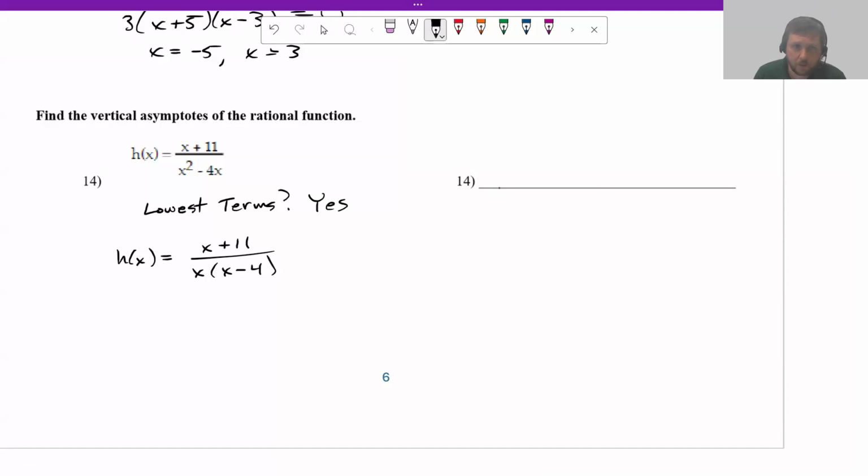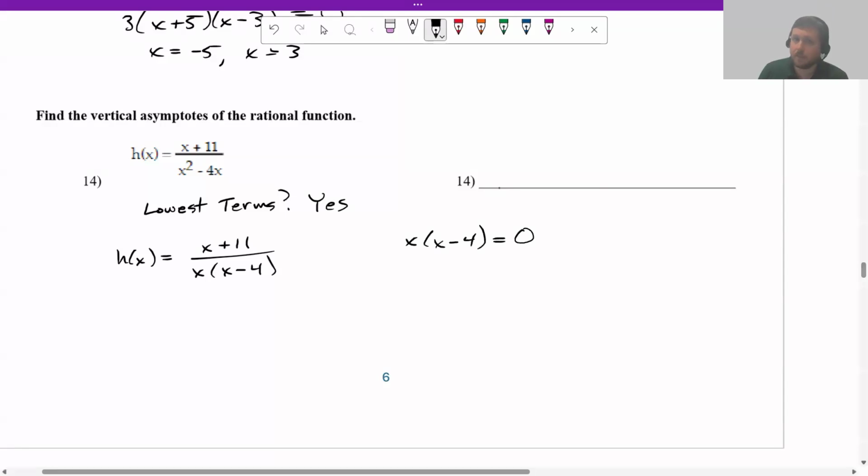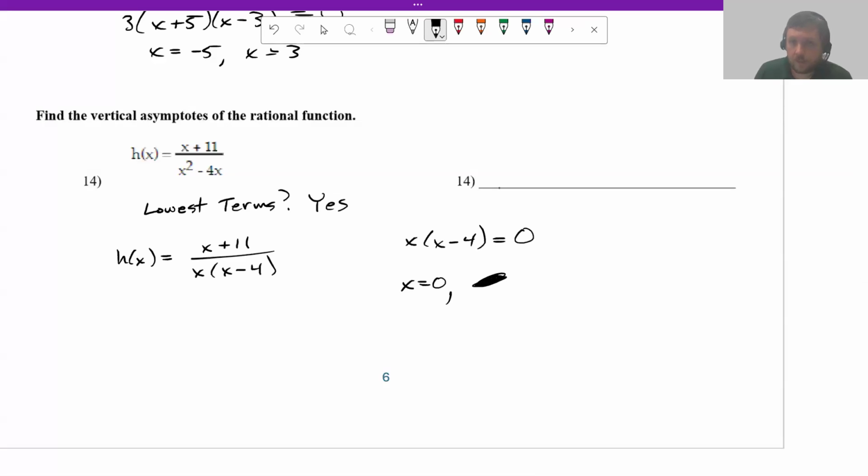So then the vertical asymptotes you find by just setting the denominator of the simplified version of the function, the version in lowest terms, equal to 0. So then I get x equals 0 and x equals 4. Okay, I'll just write it over there. And these are our vertical asymptotes.